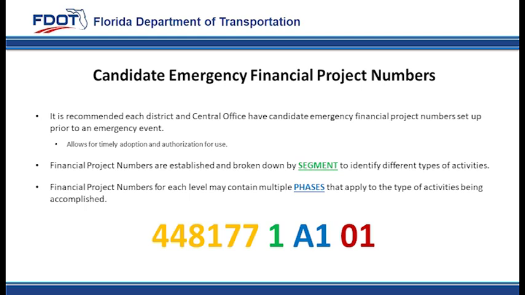Each financial project number may contain multiple phases and sequences for each activity to be accomplished. See Part 3, Chapter 10 of the Work Program Instructions for a matrix to guide districts and central office in how to program these projects.